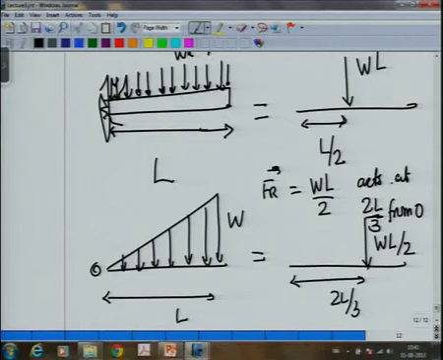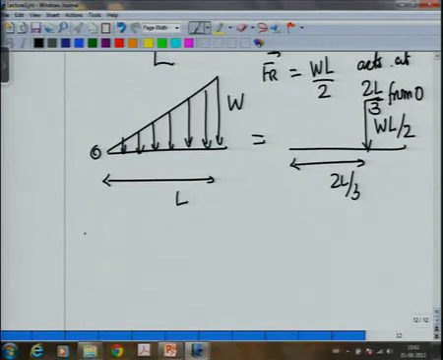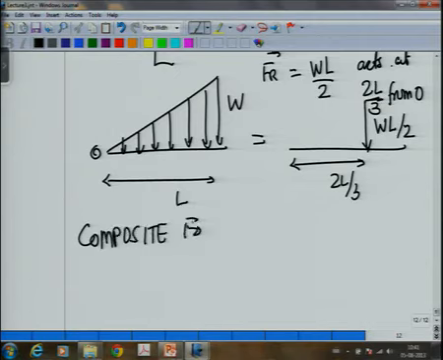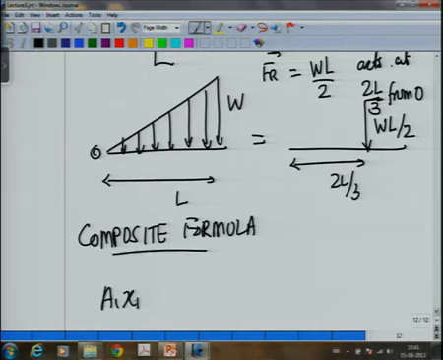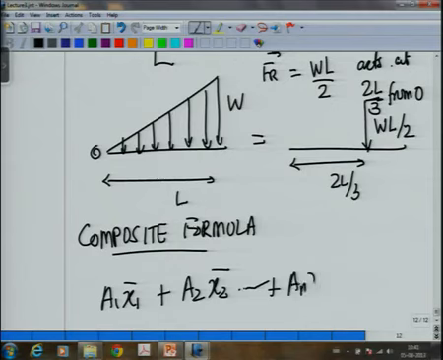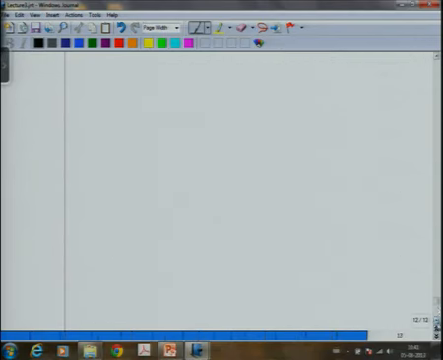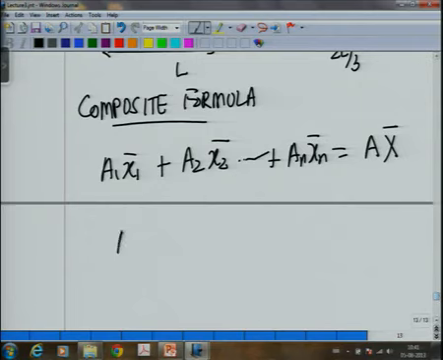And also sometimes we use a composite formula, which is A1 x1 bar plus A2 x2 bar and so on plus An xn bar is equal to A times x bar, where A is equal to A1 plus A2 and so on.